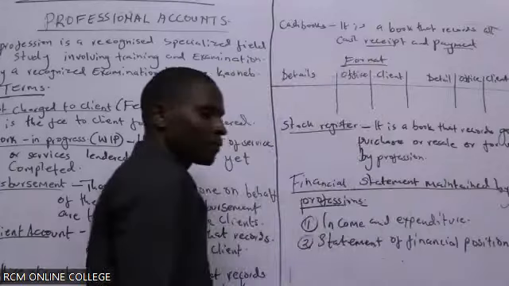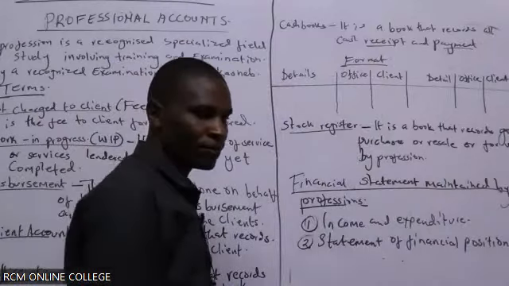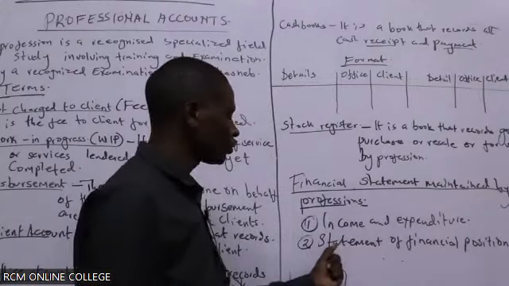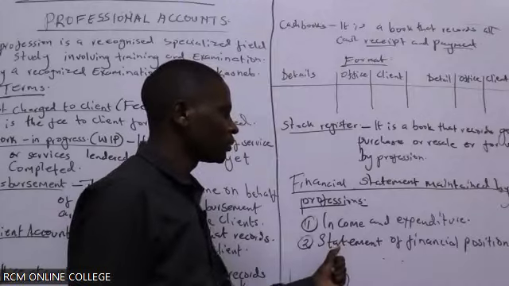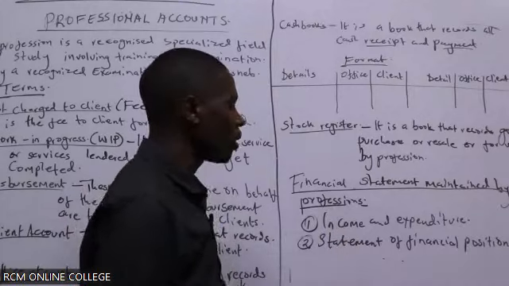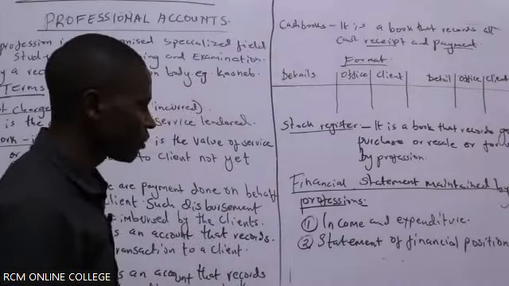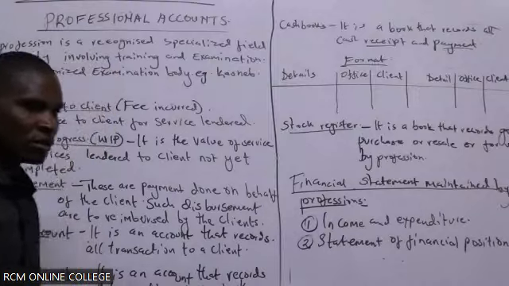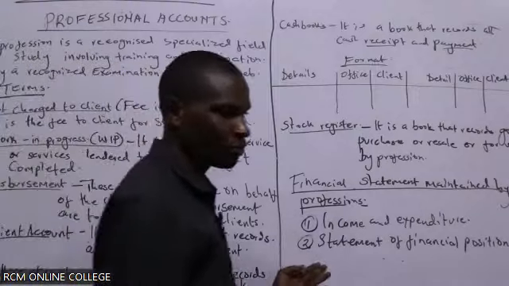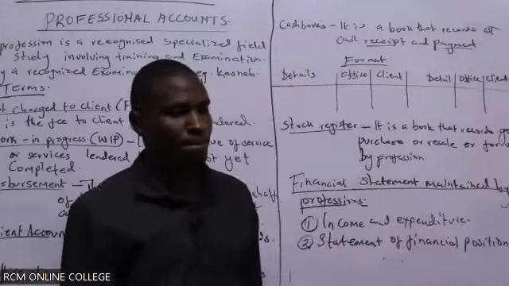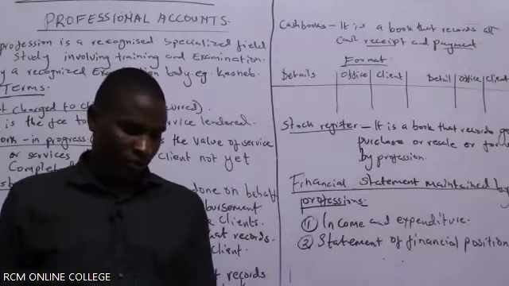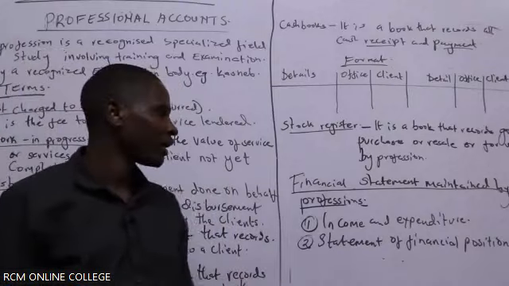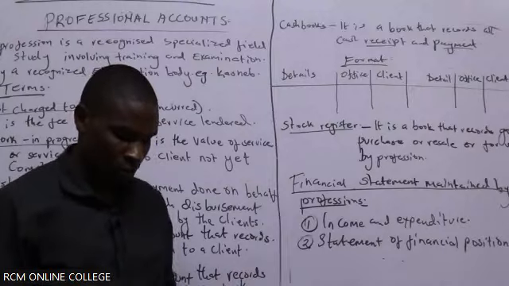It's no difference when it comes to the preparation of the statement of financial position. We are going to prepare it the same way we do for the income statement. I think we can have a format here, then we see where we put these items under the income and expenditure account.